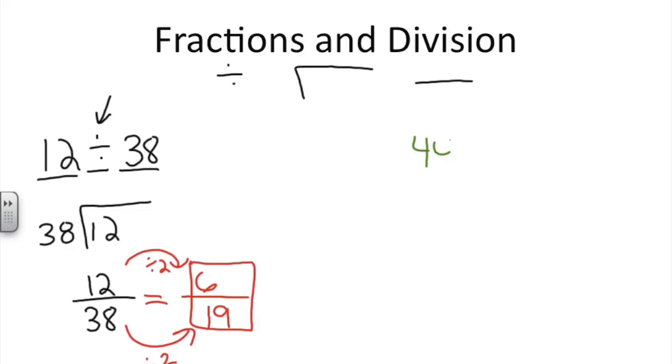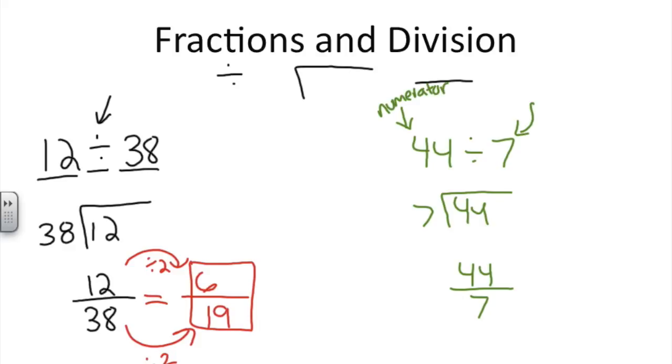Let's try another one. Let's try 44 divided by 7. Once again, I can write it as long division as well, and I can write it as a fraction. 44 divided by 7. And again, the number listed first here, our dividend, becomes my numerator.